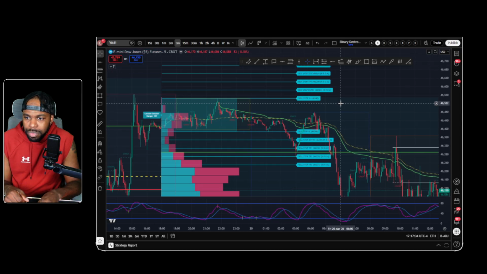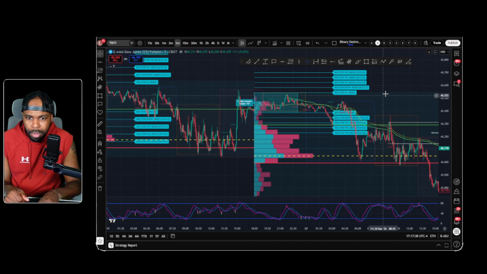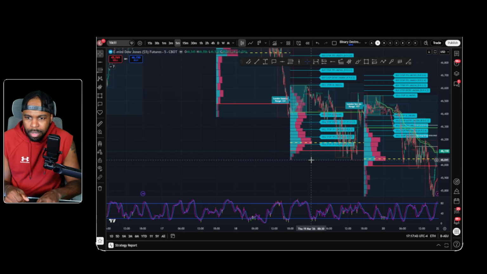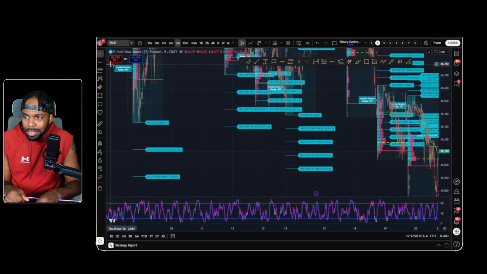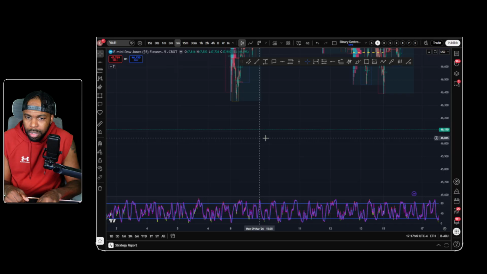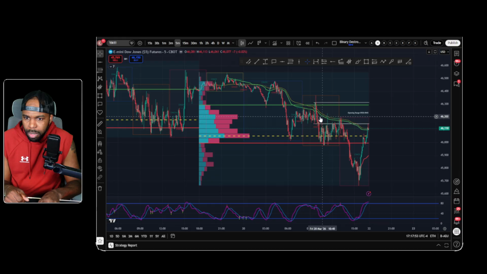Okay, so in this case, let's go to this day down here. Let's take this off the chart because I don't want you guys getting confused. As you can see here, I use these key levels.